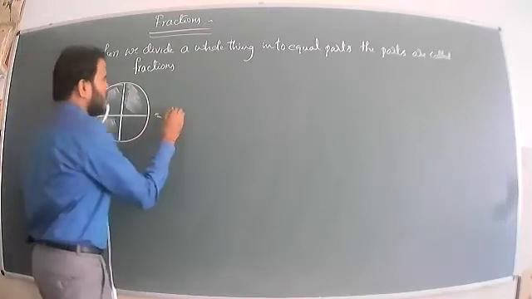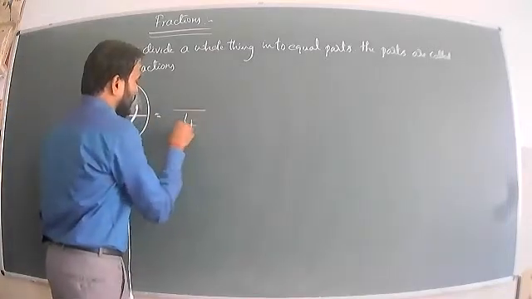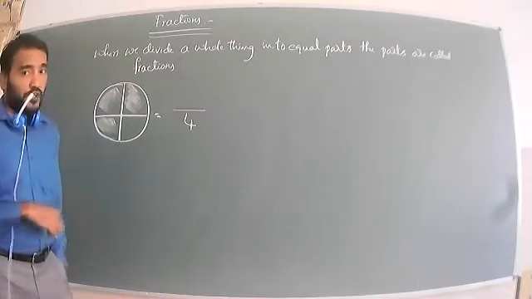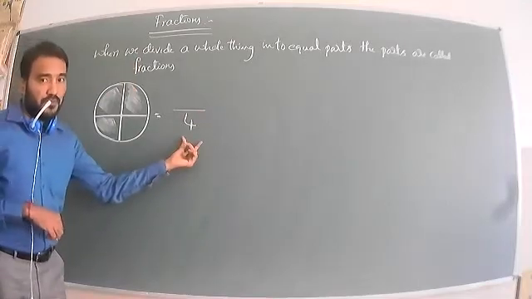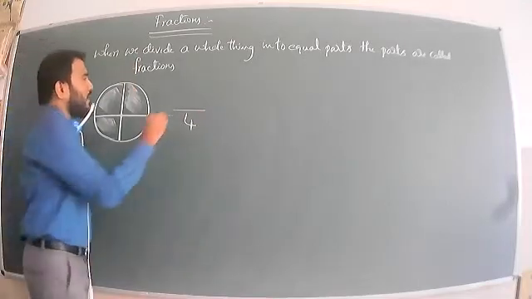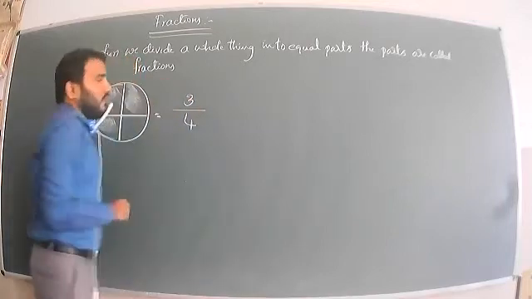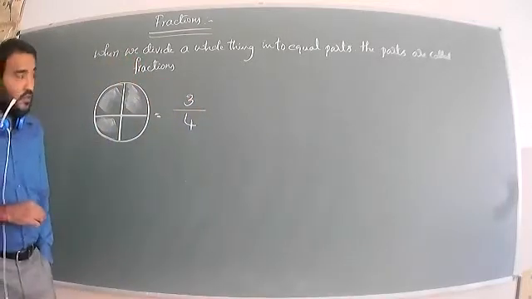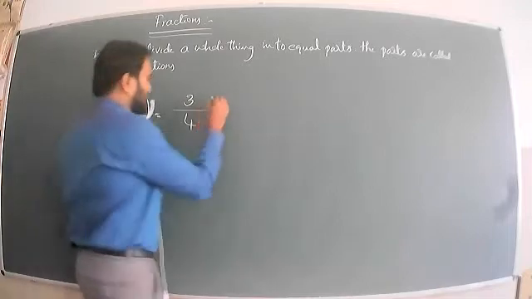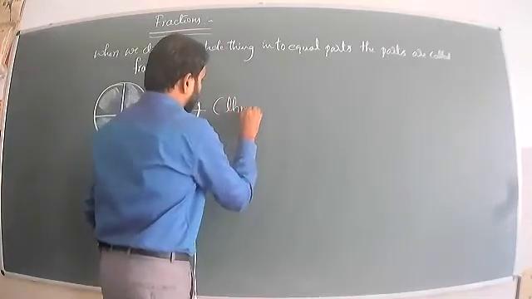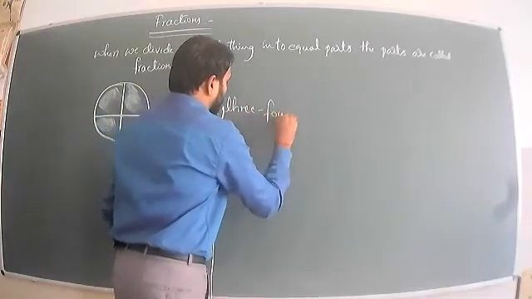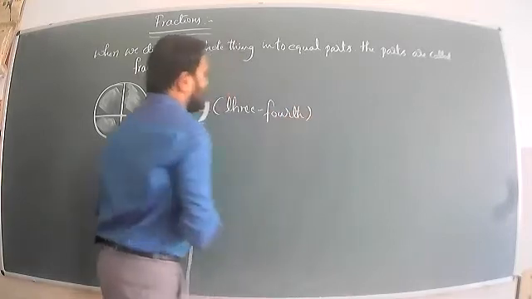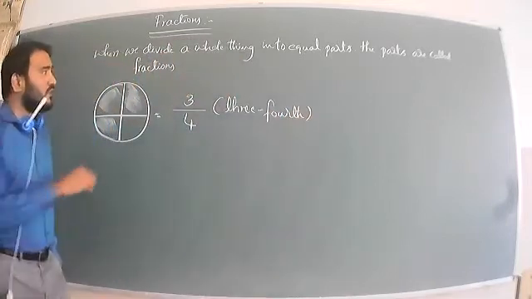The total number of parts in the whole we write in the denominator, the number below. Then how many parts are shaded? That is called the numerator. So the value is 3 by 4. We call it 3/4. This is called the shaded part.